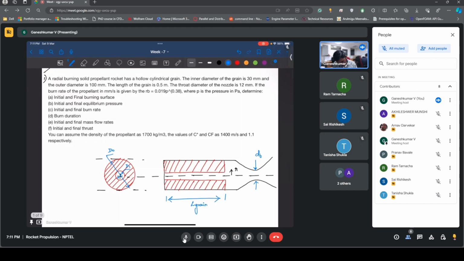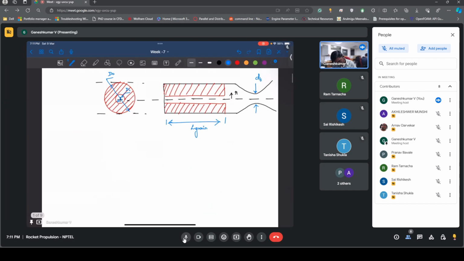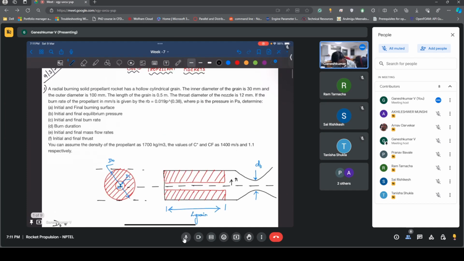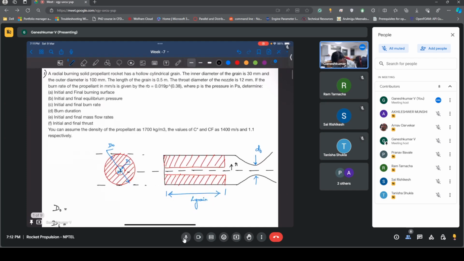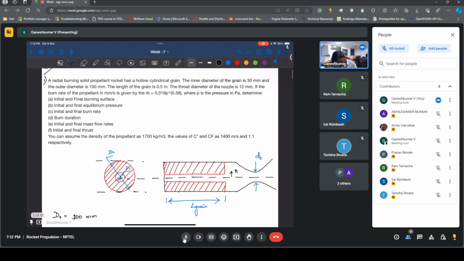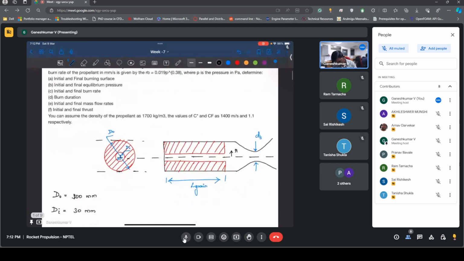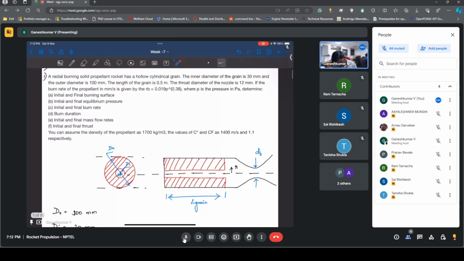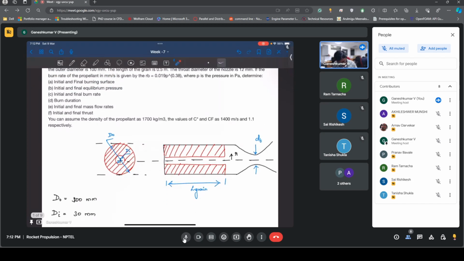Alright, and then the burning rate is given. Let me quickly write down all these values. While I write down these values, can you think how to get the initial and final burning surface? Basically, burning surface area is what we are interested in.